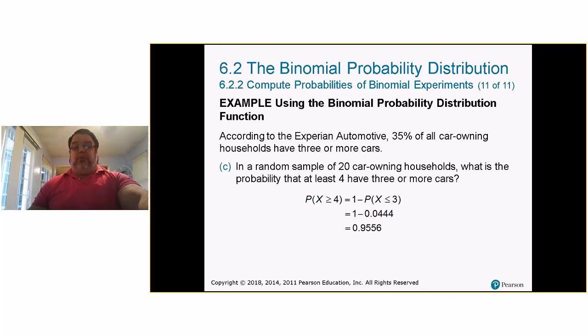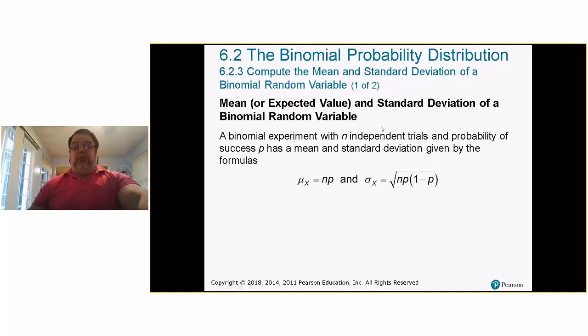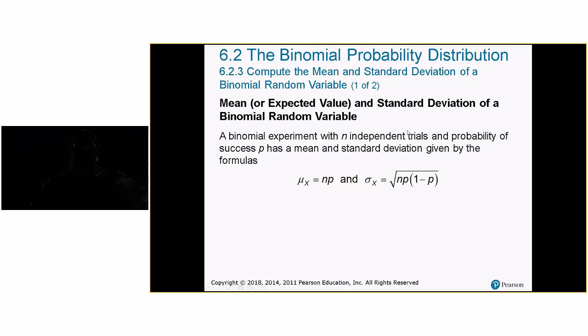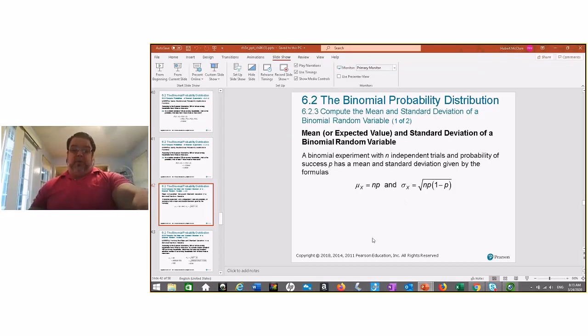Now, what happens after that? Well, then you've got this. Write this down. This is the mean and the standard deviation of a binomial random variable. Let's go back to my document cam.